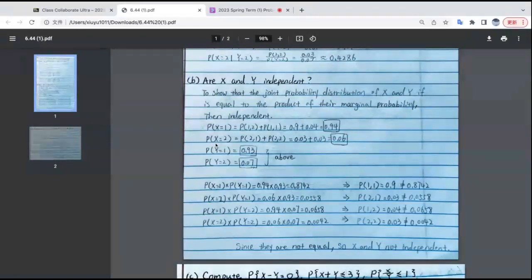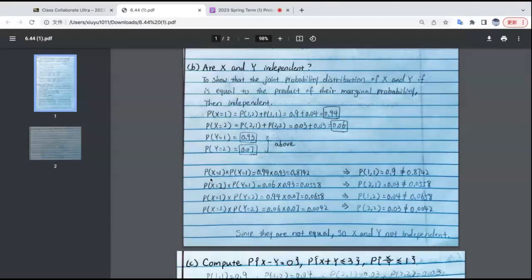And probability of x equal to 2 is equal to the probability of (2, 1) plus probability of (2, 2), and it's equal to 0.06. And the probability of y equal to 1 and probability of y equal to 2, which we found in A.